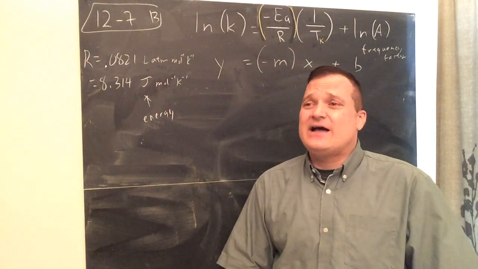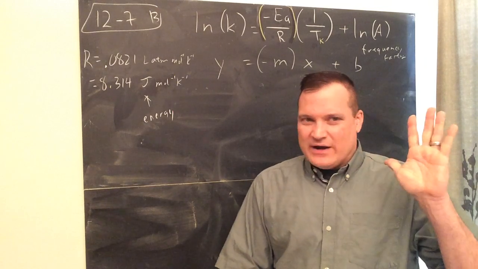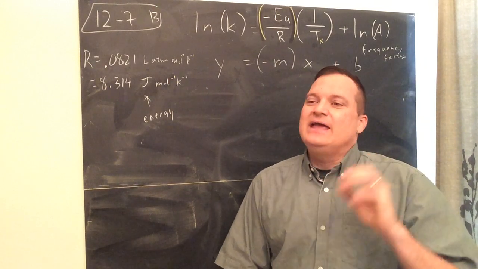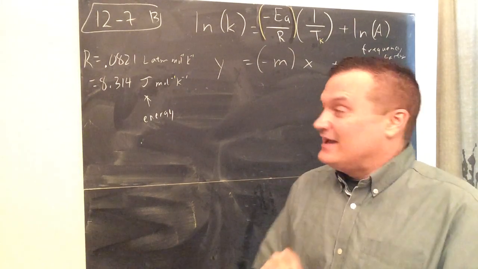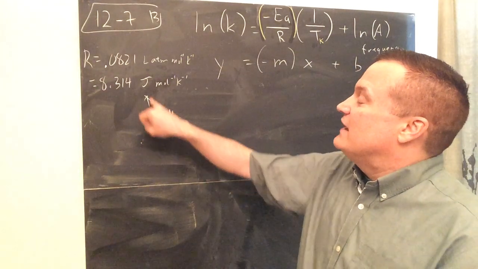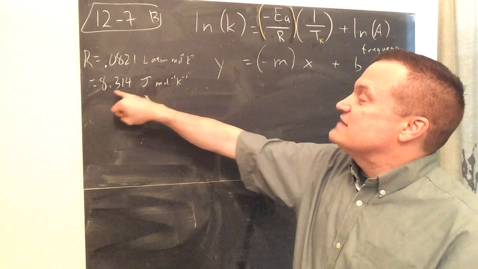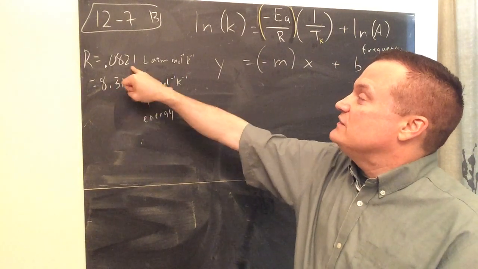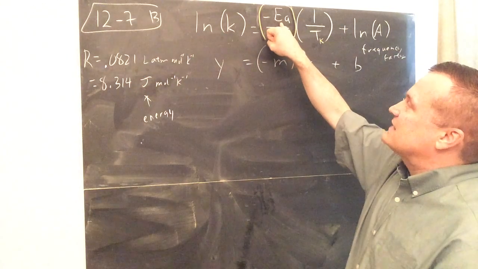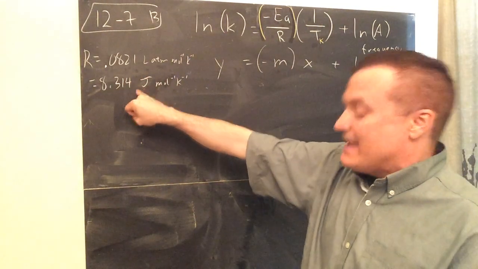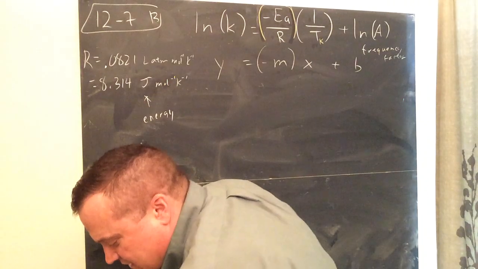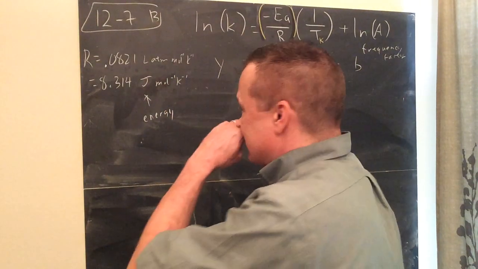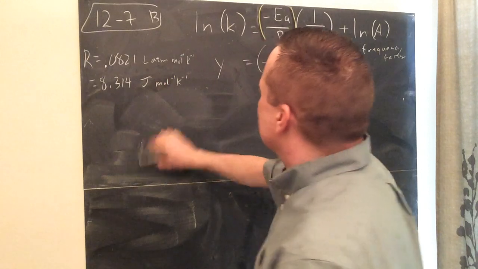Anytime you're doing any calculation, in any chapter, anytime there's something about energy or electricity, like electrical voltage, it's always going to be this 8.314. You're not going to use the other. And since we're trying to find activation energy, the R value will be the 8.314 value. It's the same number, just converted according to physics units.